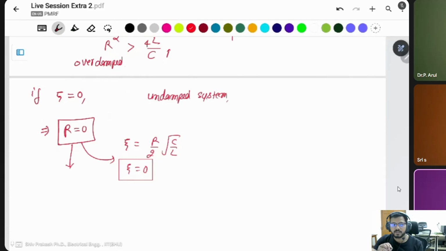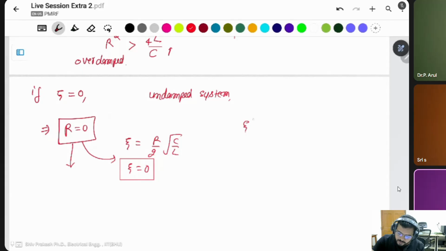Same current, same circuit. If the resistance is not given in the circuit, then the current in nature is, in this case, we know Vs by beta L e to the power of minus alpha t sine beta t. If zeta is equal to 0, it means R is equal to 0.